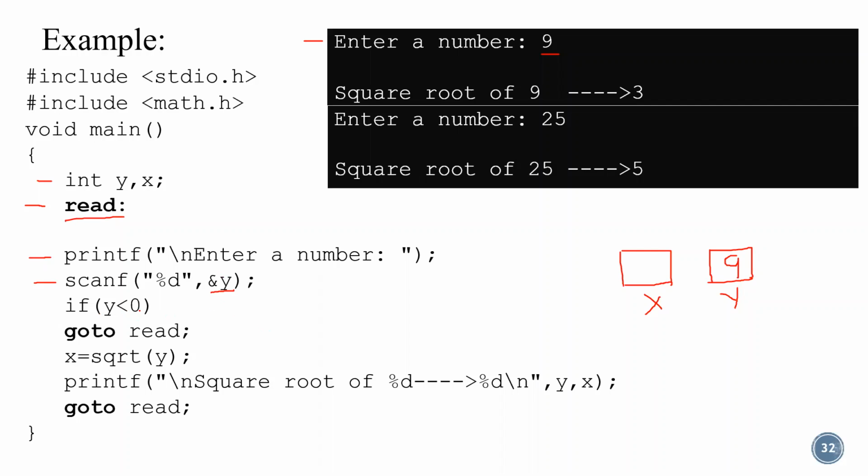If y is less than 0, what is our value of y? Value of y, you can type it in the chat box. Type it fast, because otherwise, if I ask, nobody will answer. Okay, so the value of y will be 9. Is 9 less than 0?